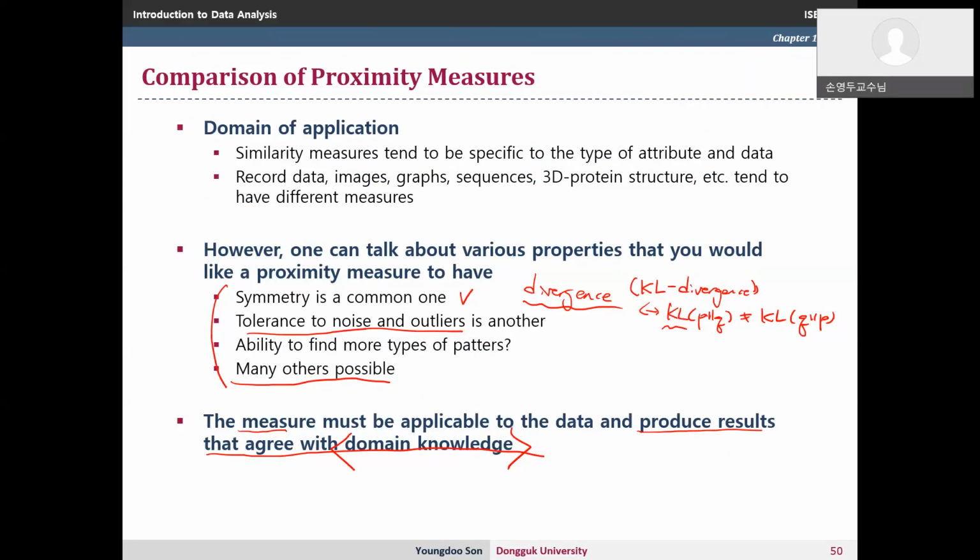So first we need to get the domain knowledge when we actually conduct the data analysis, then we can choose an appropriate proximity measure that can be applied to the domain. Okay.